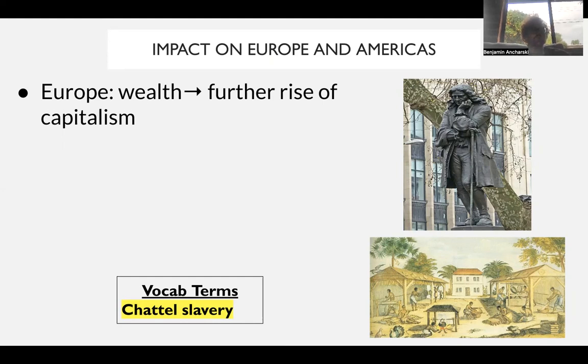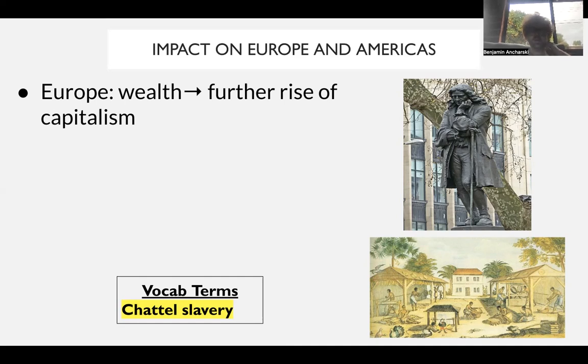And we do see that this very profitable business, it's a business after all in the minds of these Europeans at the time, produced wealth that massively benefits European companies, the African Royal Company, not just the slave traders themselves, but all of the businesses associated with that. The wealth compiled by not only the trading of human beings, but also of the products that they produce, is going to massively benefit European companies.